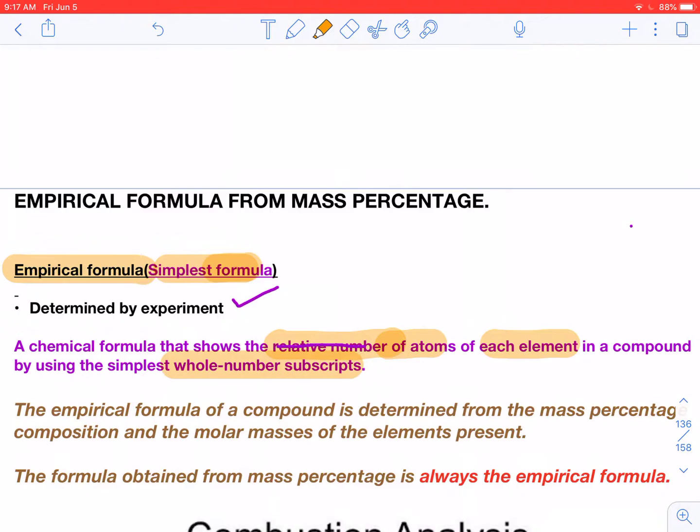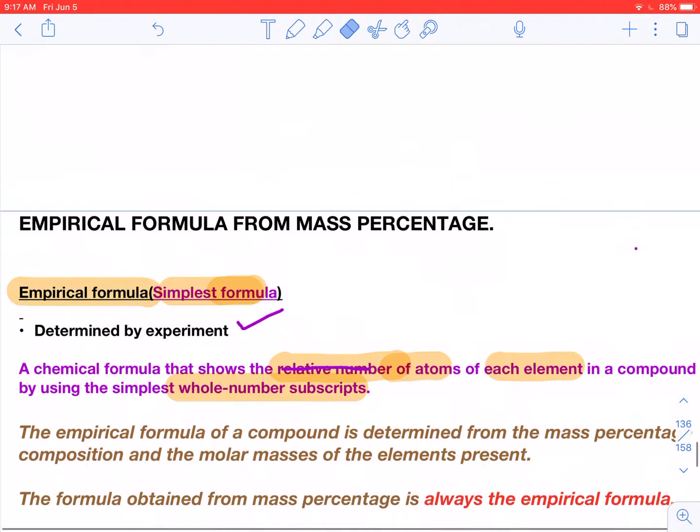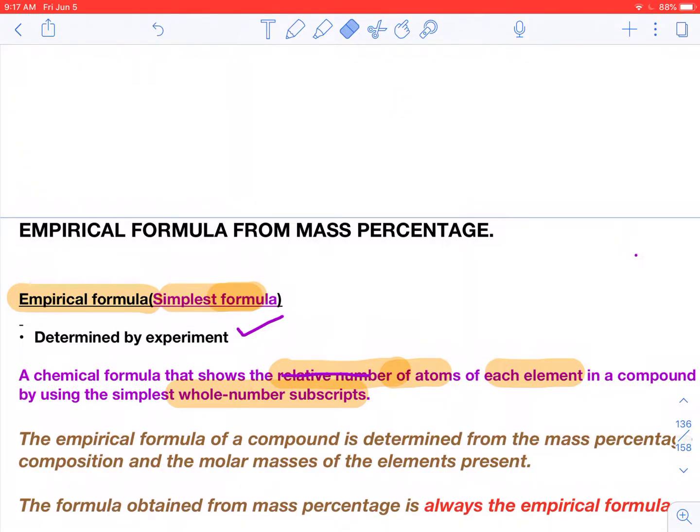It's like when I say Na2SO4, these are the subscripts, okay? SO4, that means there's a subscript. We need to know what the subscripts are in these empirical formulas, and we need to have the whole number ratio of these.